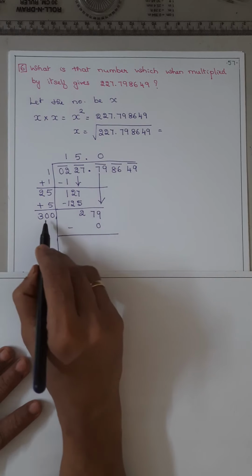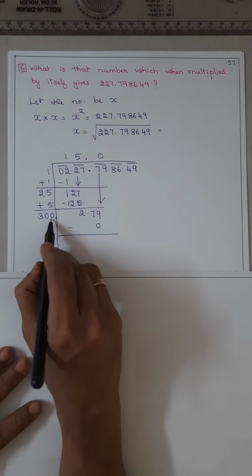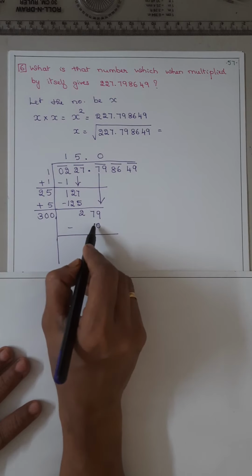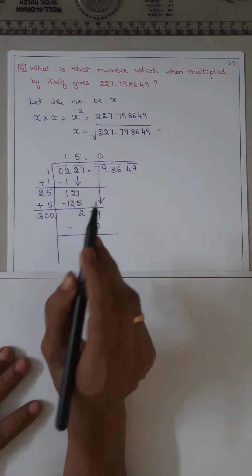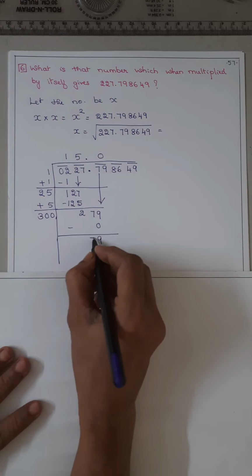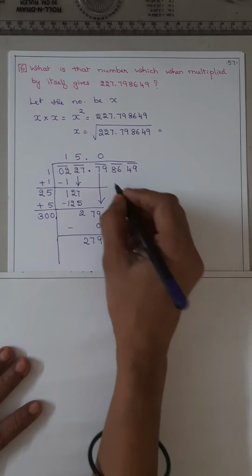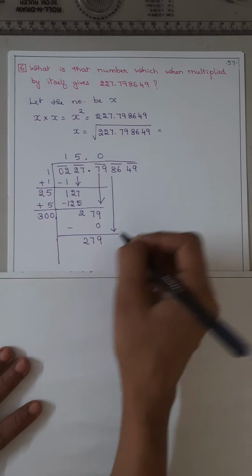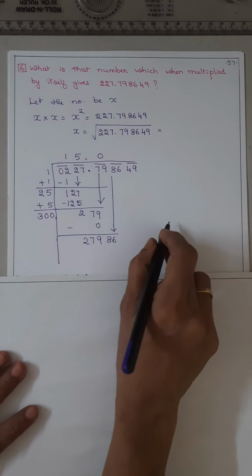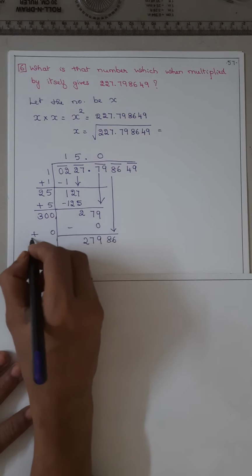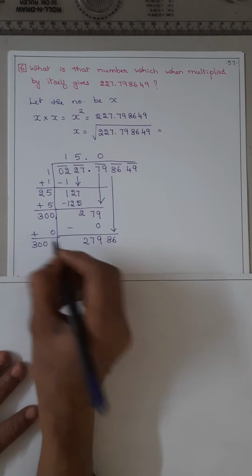Hope you are understanding. So we have to put 0. So write 279 as it is. Bring 86 down. Now add 0. It will be 300 as it is.